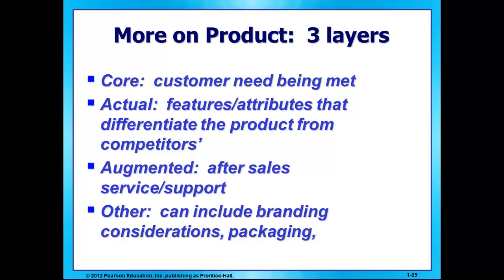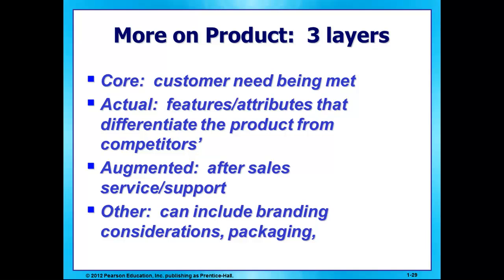At the center of the bullseye, if we conceptualize a product as concentric circles, like you're shooting a bow and arrow at a particular target, the innermost circle is the customer need being met.